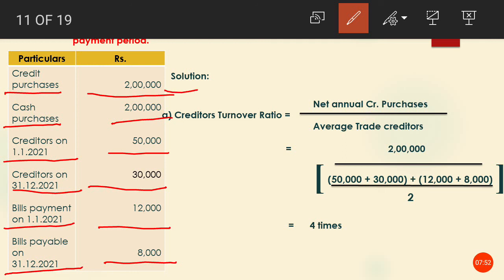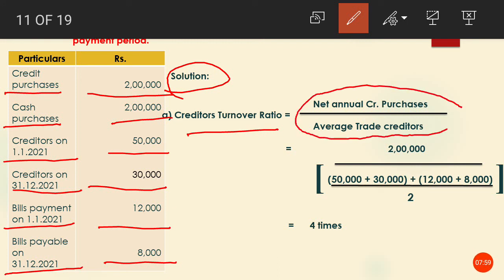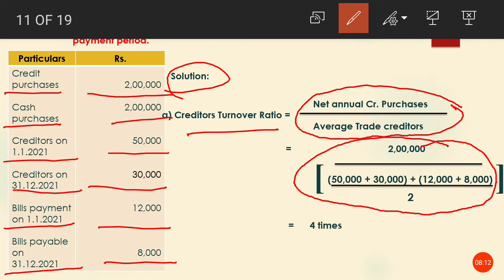Solution: A. Creditors turnover ratio is equal to net annual credit purchase divided by average trade creditors, is equal to 2 lakh divided by (50,000 plus 30,000 plus 12,000 plus 8,000) divided by 2, is equal to 4 times.